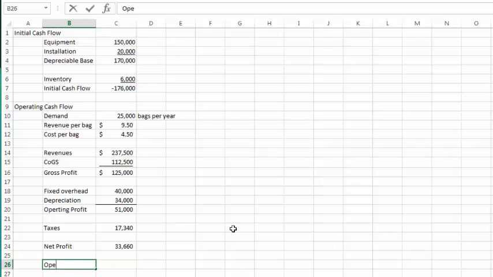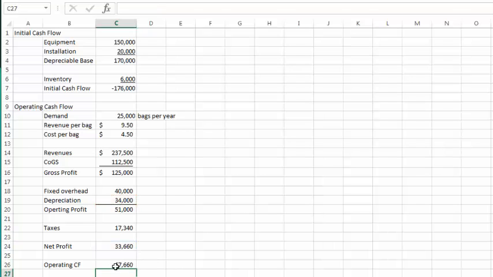But the operating cash flow is going to be equal to the net profit plus depreciation, because it had nothing to do with cash. All it does is shield me from tax.